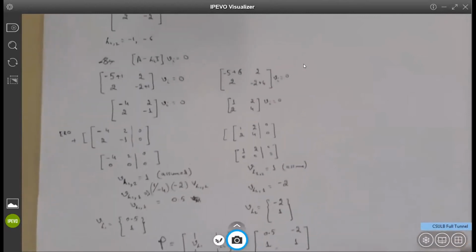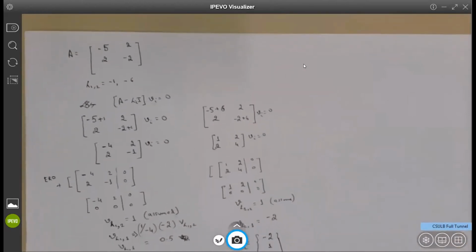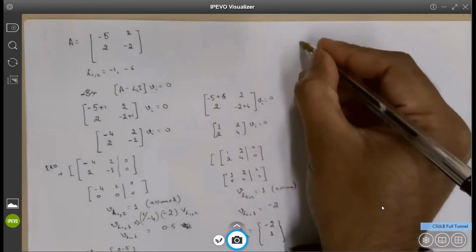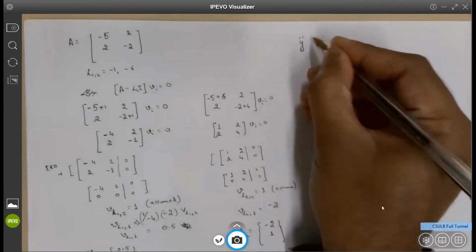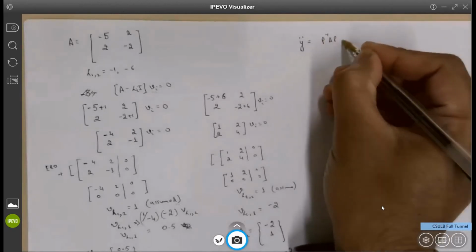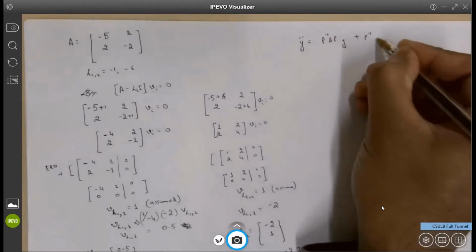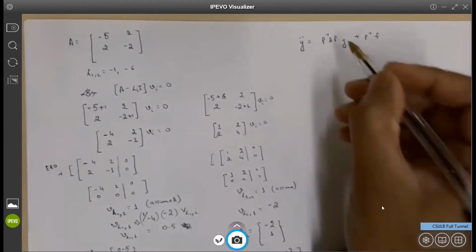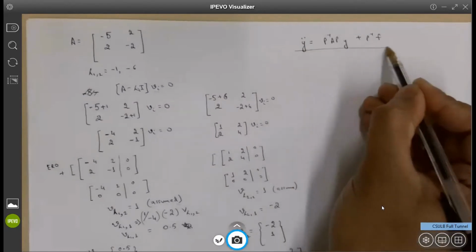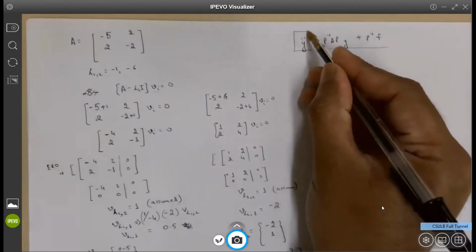So we actually follow the methodology that we have shown you. If you follow that, you will see that you get y double dot as P inverse A P y plus P inverse F. You know what P is, you know what A is, and you can solve from there.